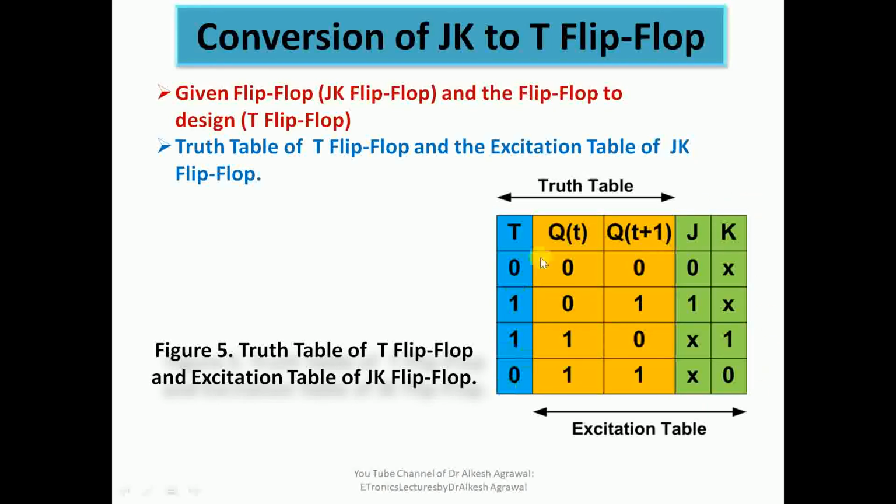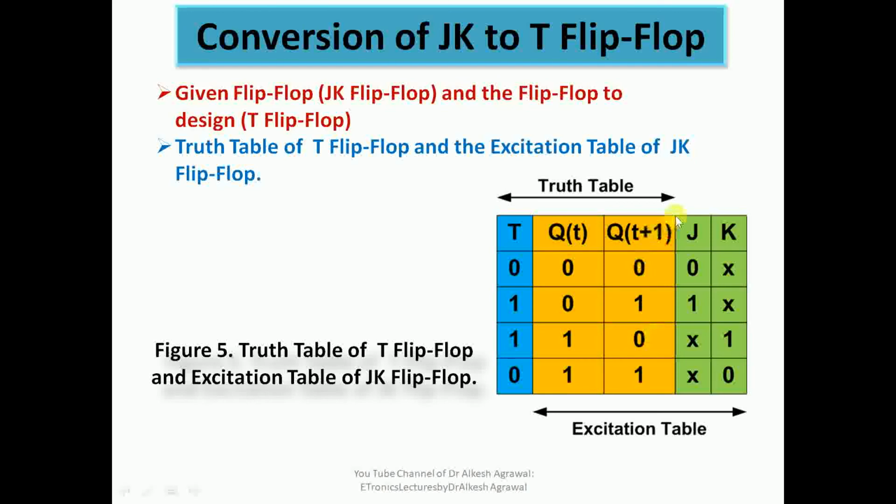This T is the input, and as per the truth table, when T is not activated, the next state is the same as the previous state. So if QT is 0, it will remain at 0. When toggle is activated, the state changes from 0 to 1, and when T is activated and the previous state is 1, it toggles to 0. When toggle is not activated and the previous state is 1, it will remain in state 1.